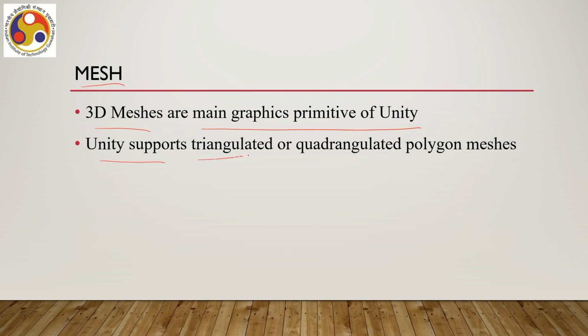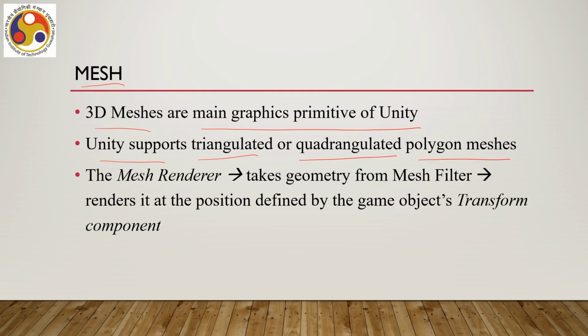Unity supports triangulated or quadrangulated polygonal meshes. So, either triangles or quadrangles are supported. The mesh renderer takes geometry from the mesh filter and renders it at the position defined by the game object's transform component. This is the workflow in Unity for rendering of meshes.